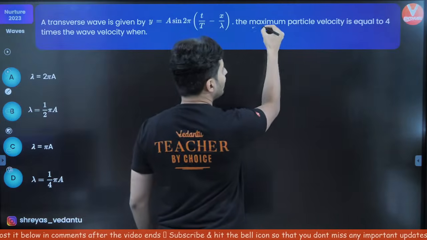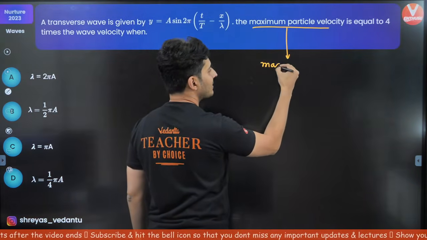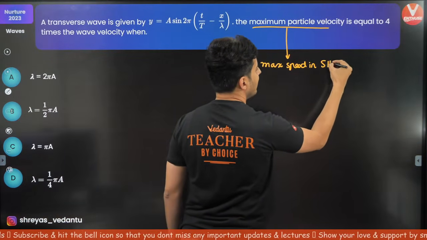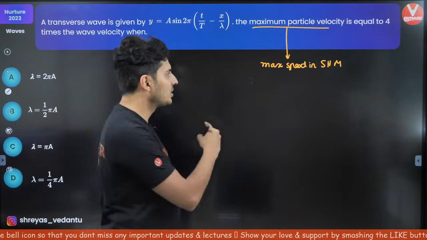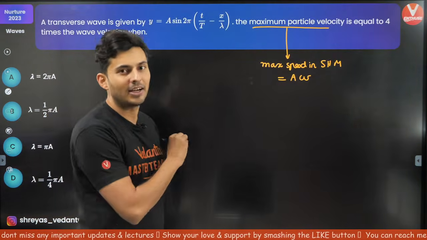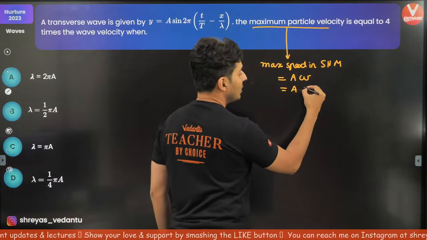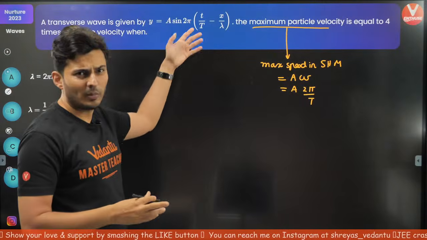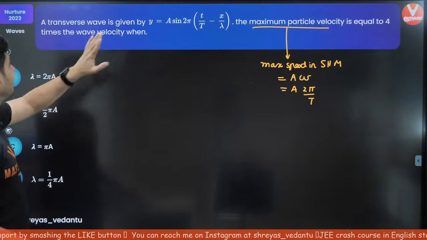So if I have to find the max particle velocity, just think about the max speed in simple harmonic motion. What's the max speed in a simple harmonic motion? I just told you, and you know this from SHM, it is a omega. And what is omega? Omega is nothing but 2 pi by T. T is mentioned, 2 pi is also there, fair enough. This is 4 times the wave speed.